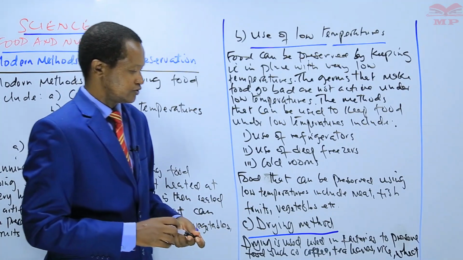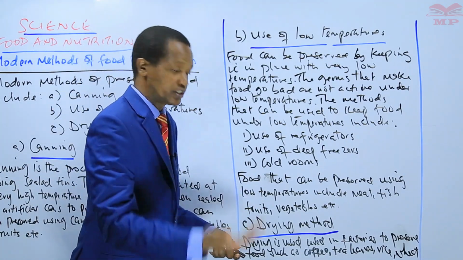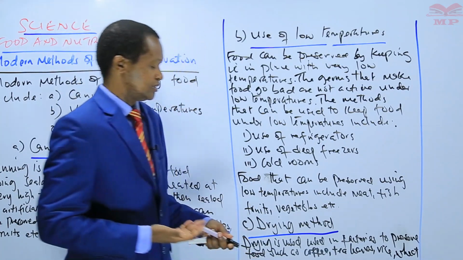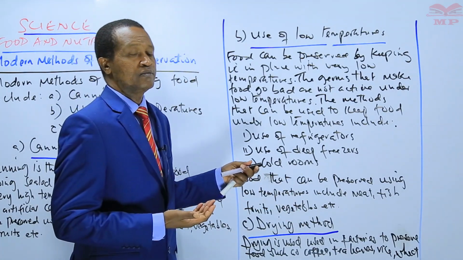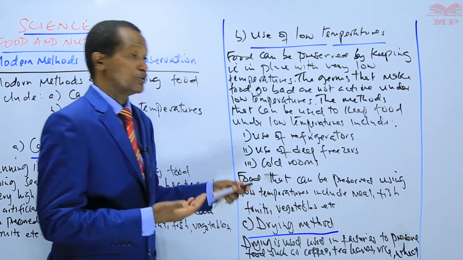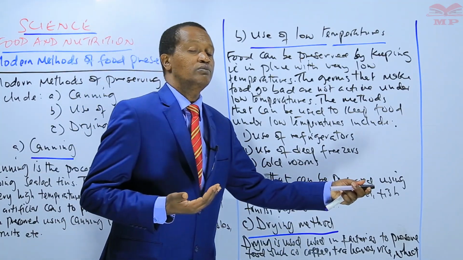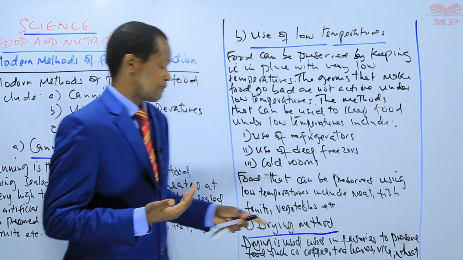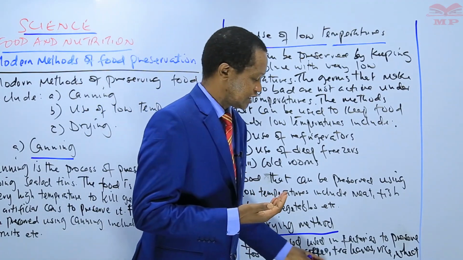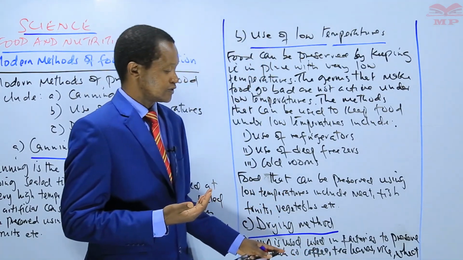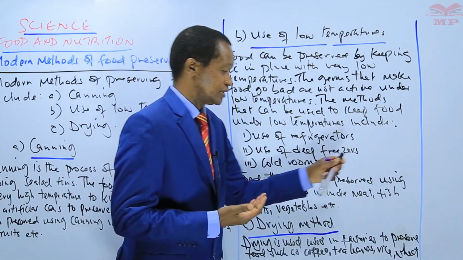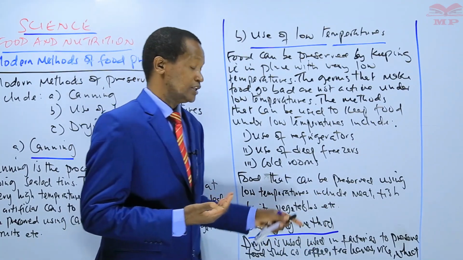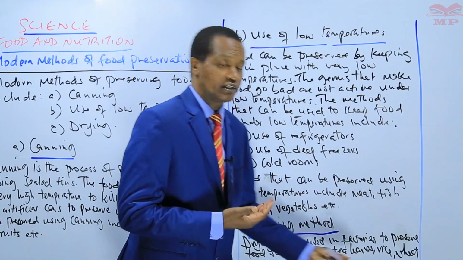Factories, because these foods may need processing in large quantities. So to preserve the food, remember, preserving means protecting food from rotting or going bad. When these crops are harvested, they can be dried for the purposes of preserving them, awaiting processing.